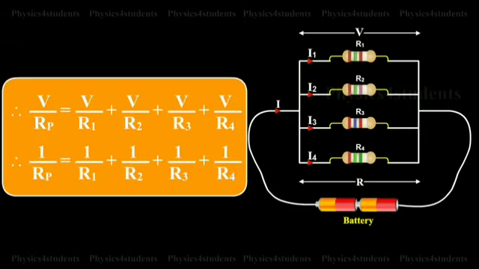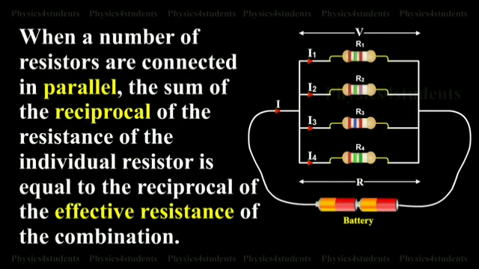We commonly take out V, so I is equal to V times (1 by R1 plus 1 by R2 plus 1 by R3). So I is equal to V by Rp, where p means parallel. So 1 by Rp is equal to 1 by R1 plus 1 by R2 plus 1 by R3. Here Rp is the equivalent resistance of the parallel combination of the resistors.